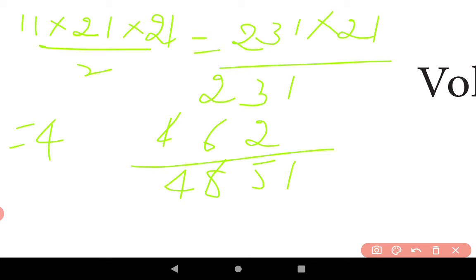Next step is 4851 divided by 2. Now we'll divide this.